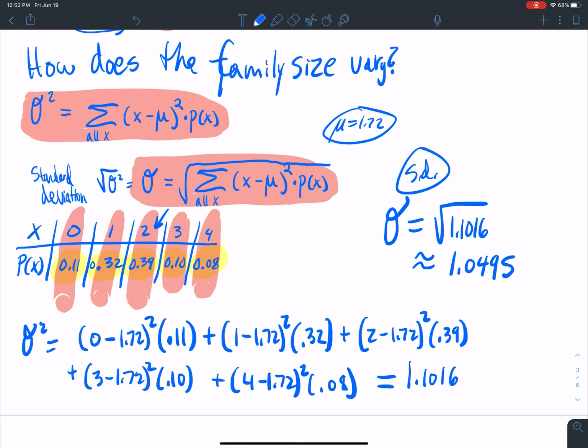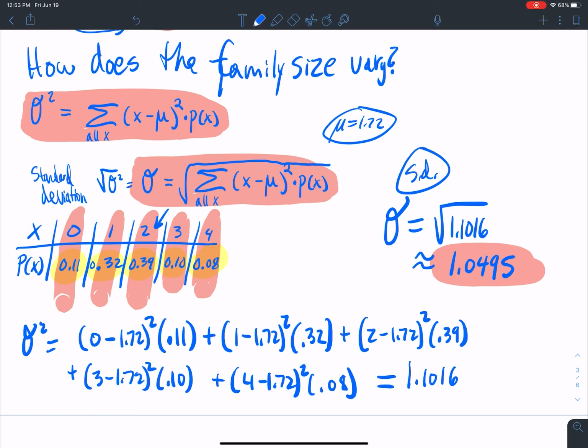Now, how would I interpret this? The family size varies, looks like, by about one kid. Okay, so 1.7 kids plus or minus a kid. All right, so some families have 1, some families have 3. Between those two ranges, that's a variation, one standard deviation.